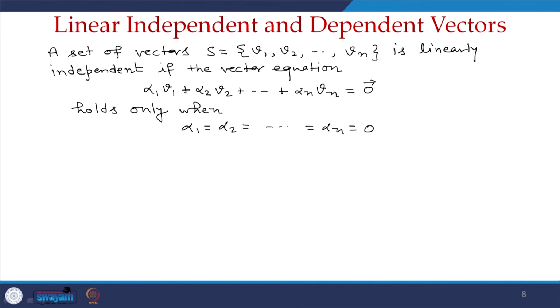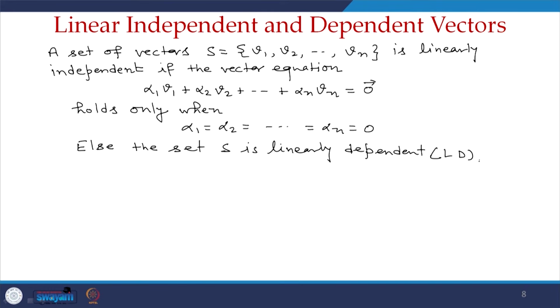If this is not true, meaning the vector equation equals 0 holds and some or all alpha i's are non-zero, then we say the set of vectors is linearly dependent. Else the set S is linearly dependent. For linearly dependent I will use LD in short, and for linearly independent I will use LI.